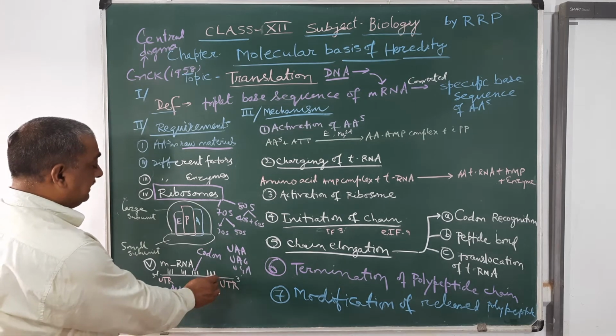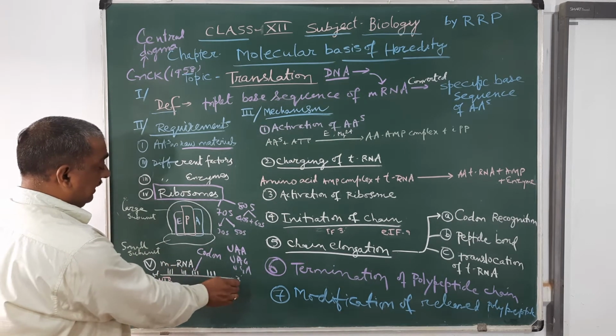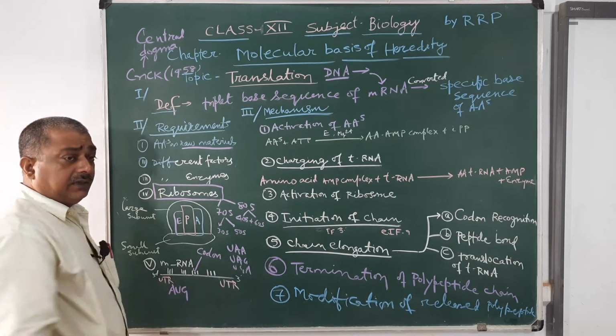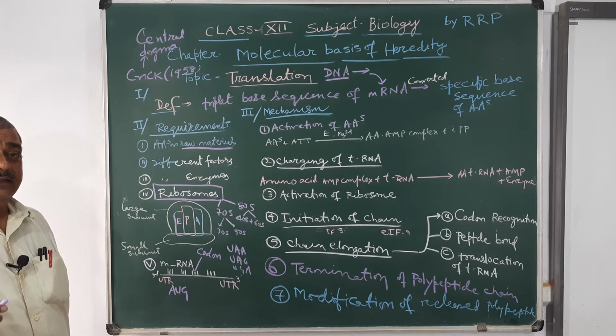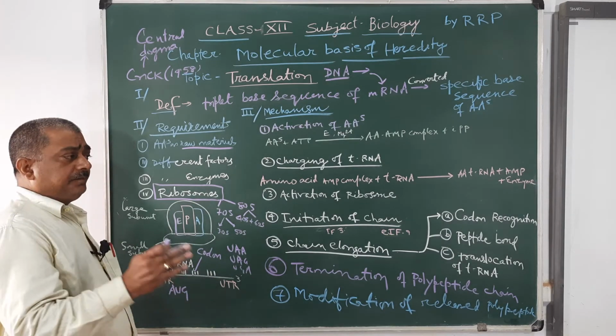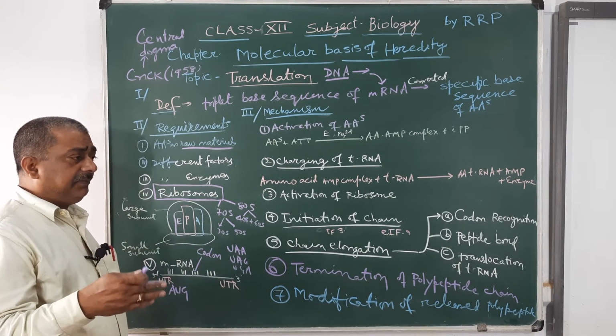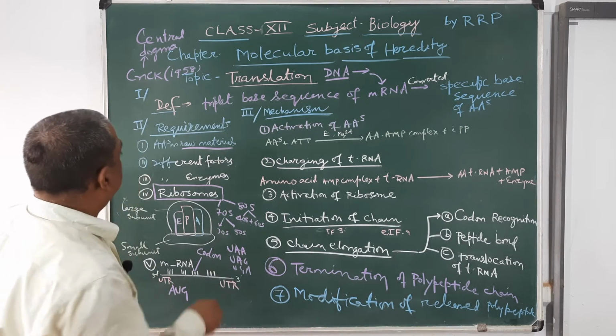After the termination codon there is also space in the mRNA at the 3 prime end, also called UTR. UTR means untranslated region. So these are the important requirements.